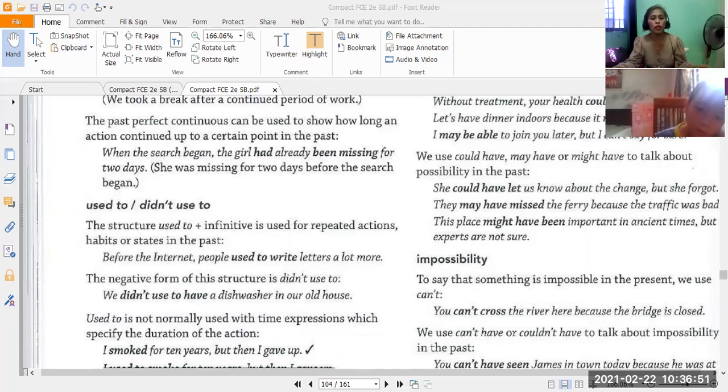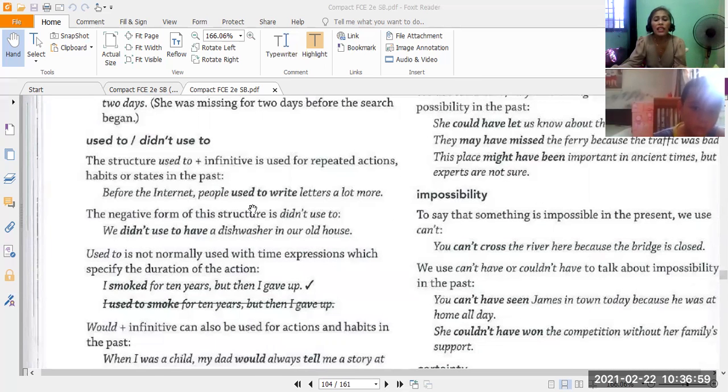Now, we used to, didn't used to. Okay, we used to or didn't used to. So what is this? The structure used to plus the infinitive is used for repeated actions, habits, or states in the past. Okay? There are some here. We'll move here.